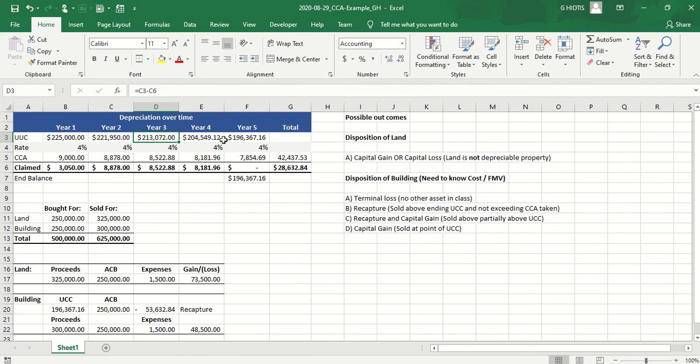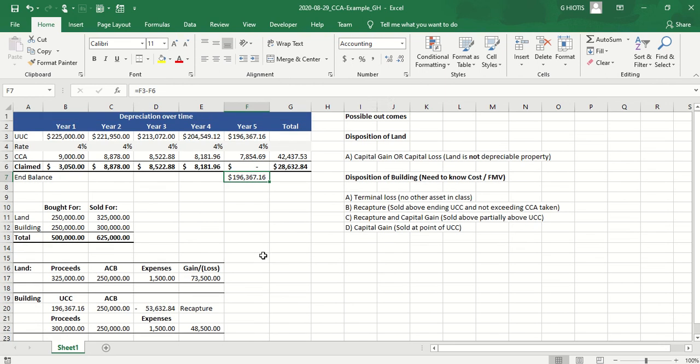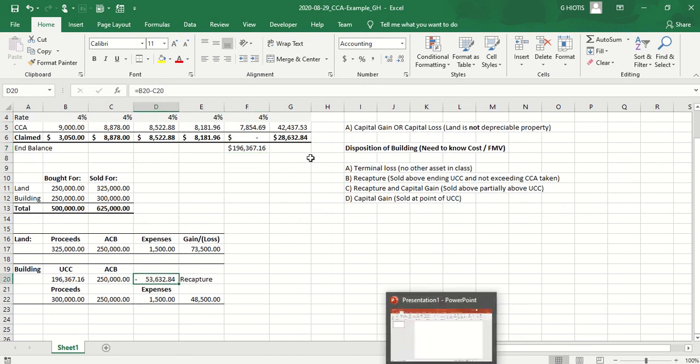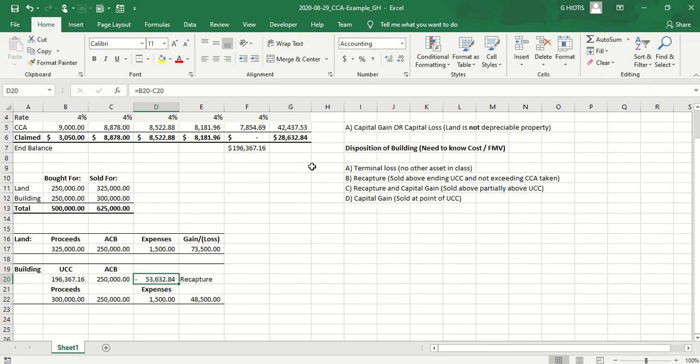And then in the end, I ultimately claimed $196,367.16. No, that is not what I claimed. Actually, the actual amount that I claimed is here, $56,632.84 throughout the lifetime that I owned that property.